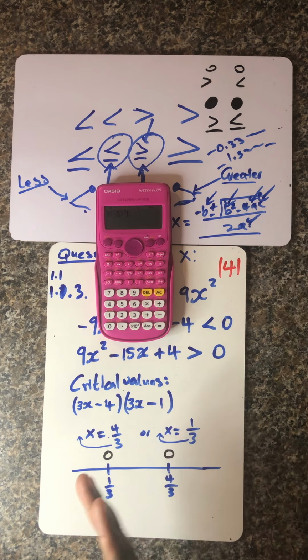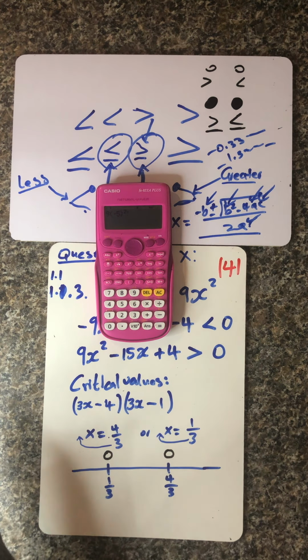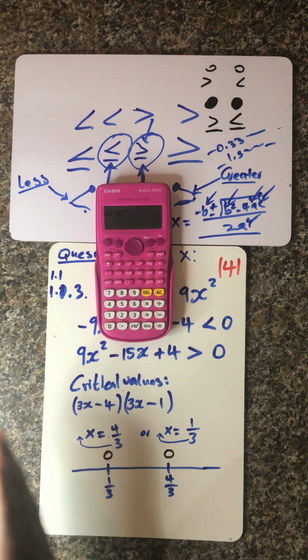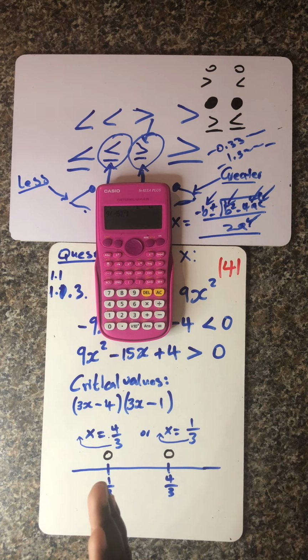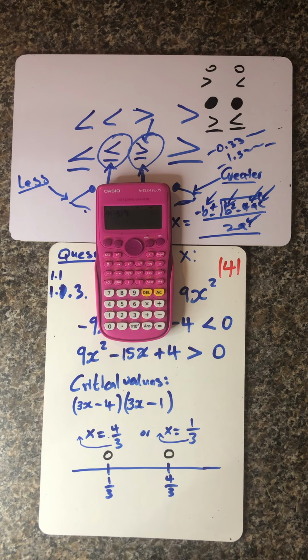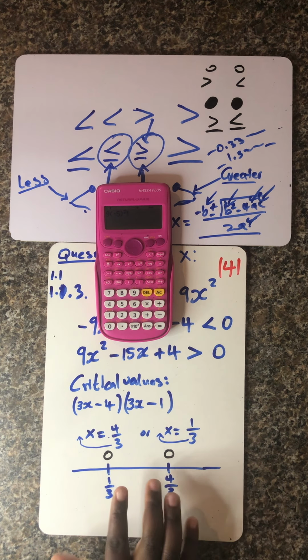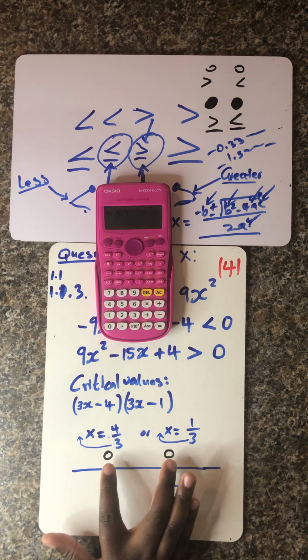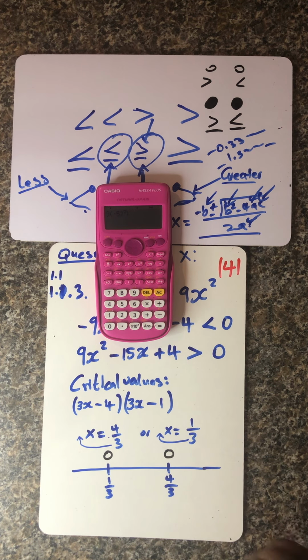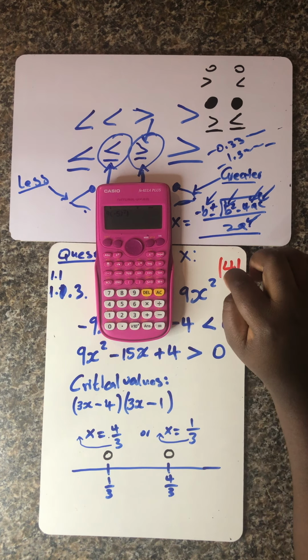It doesn't matter if you use -1,000, -5, -1,000,000, -25, whatever it is, as long as it's on this side of that first critical value. When we're done, we're going to substitute with a number in between, and then with any number on the other side. For now, I just chose to use -5.